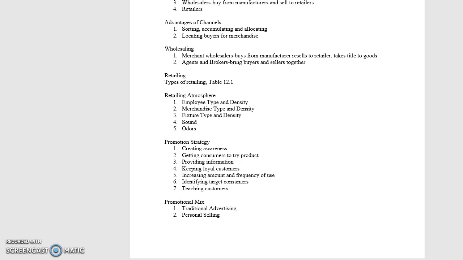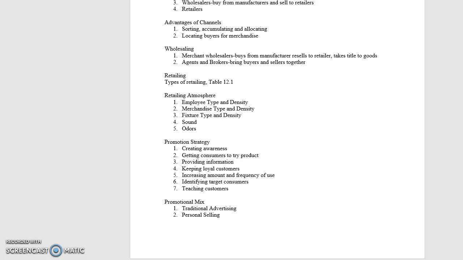Merchandise type and density. Okay, I want you to picture a Dollar General. You're tripping over the boxes. You can barely get your cart through because boxes are everywhere. And then think about something like Macy's or another department store, Belk, whatever. The merchandise is better displayed and more organized.